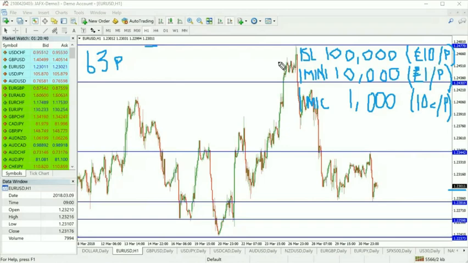So if we are trading one standard lot size, our exposure, in fact, I'll come on to this in a second when we start looking at exposure levels.